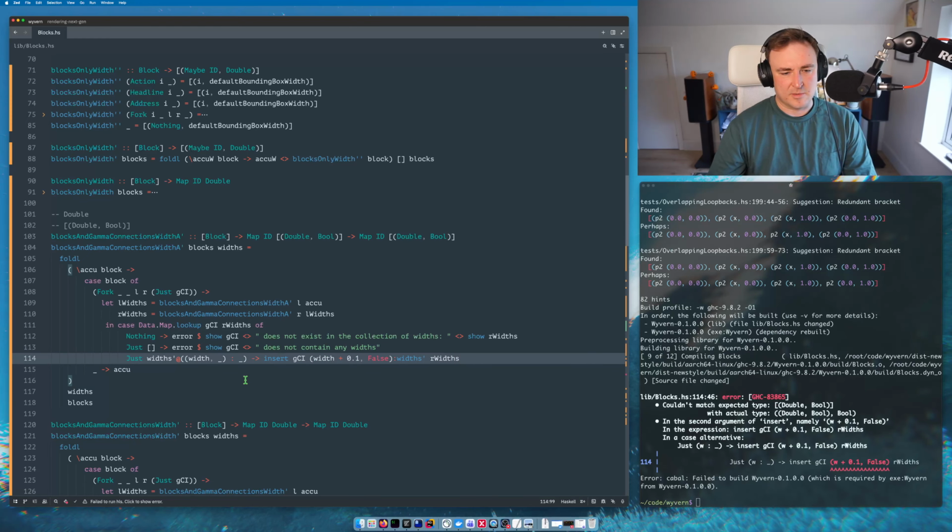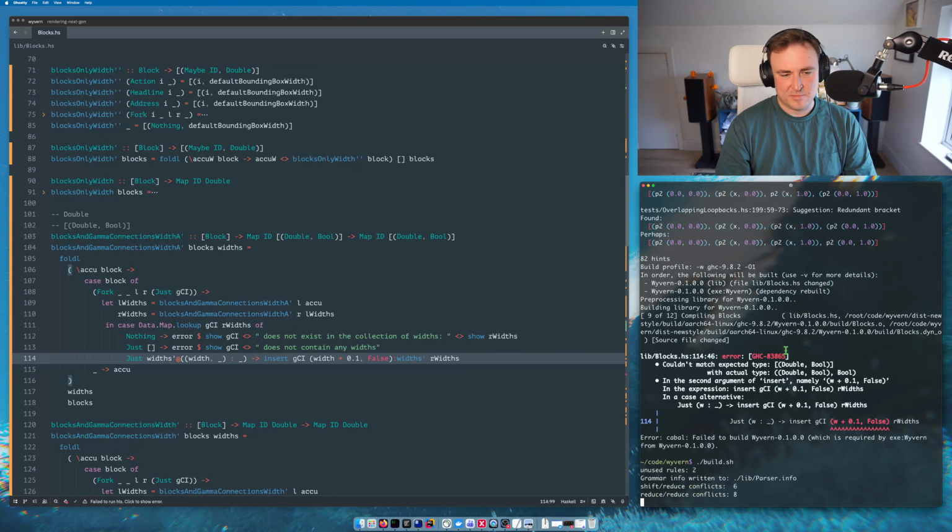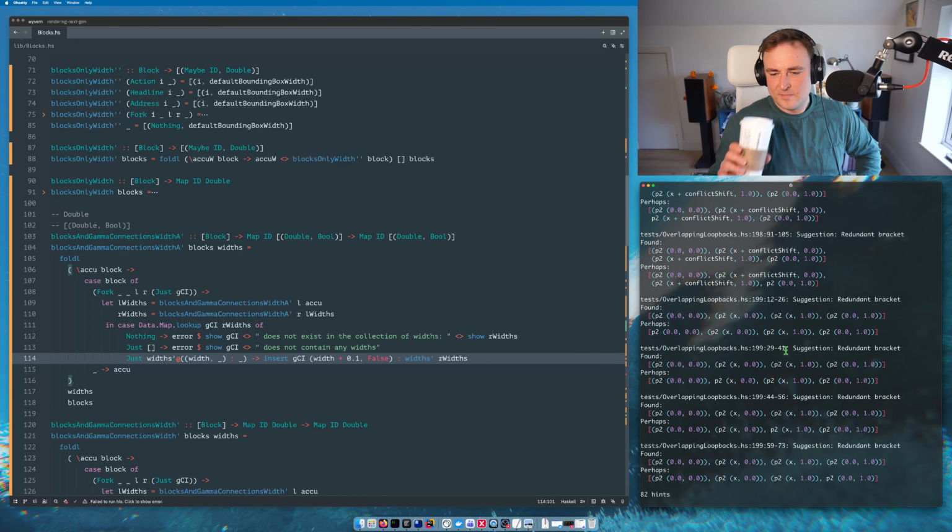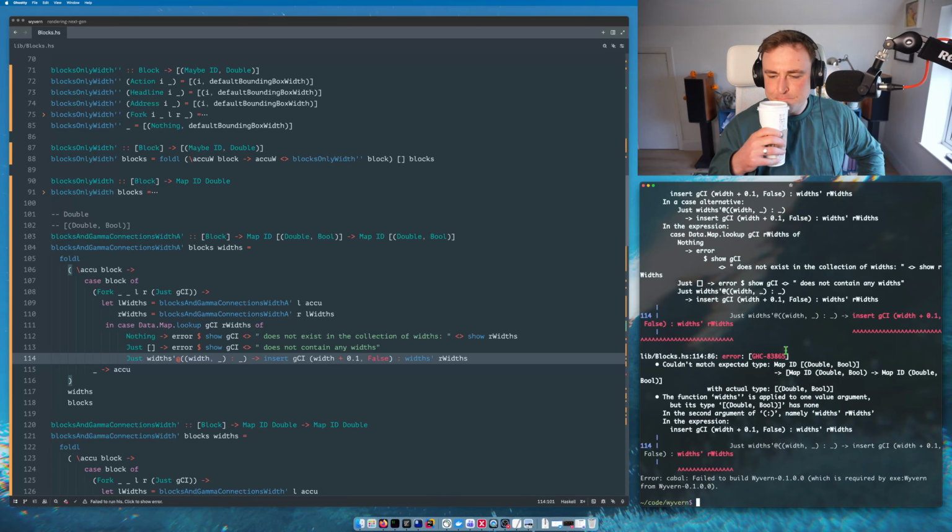Here we don't need to worry about that. It looks a bit outlandish, but it might work. Let's see. No. Oh, that is a function, isn't it?